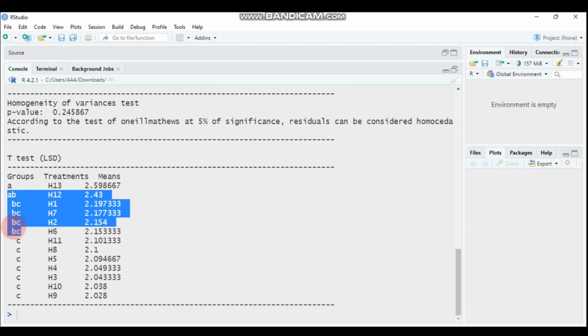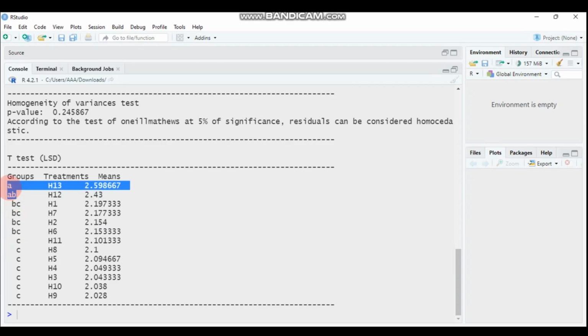So when a letter is shared among the groups, we consider there is no statistically significant difference for those particular groups. For instance, here is A and AB, so there is no statistically significant difference between the two groups because the letter A is shared by both. But if you compare A to BC and the rest, yes, it is statistically significant.